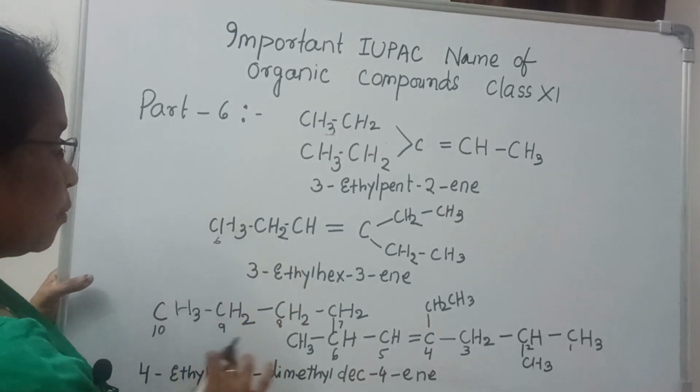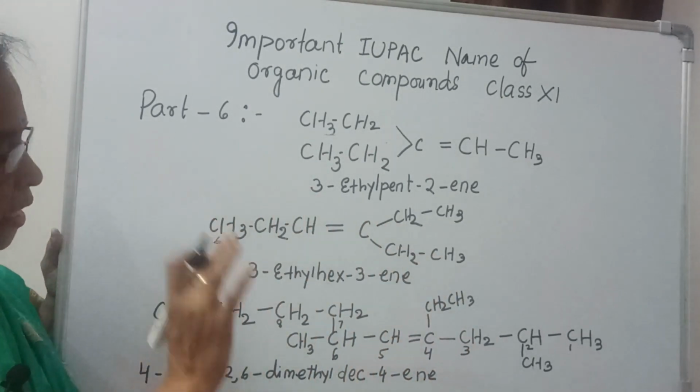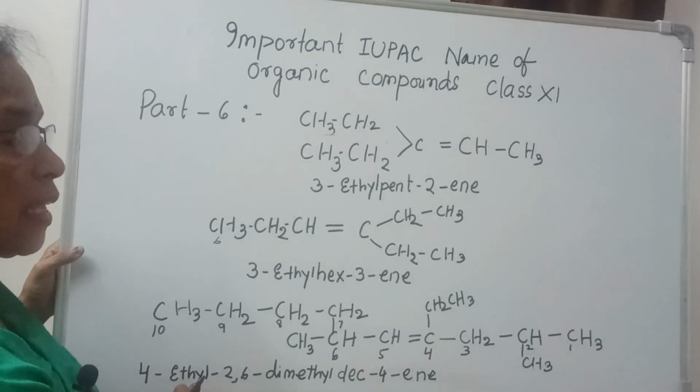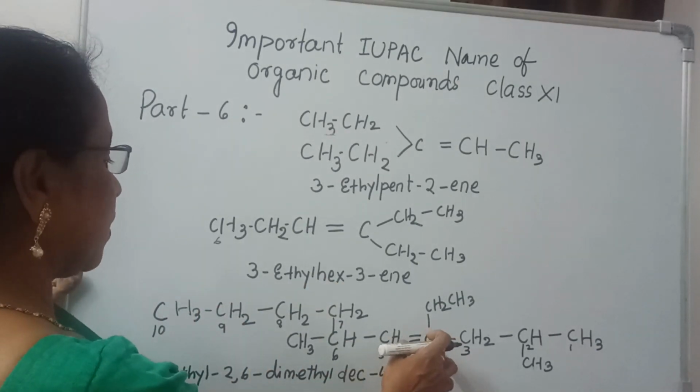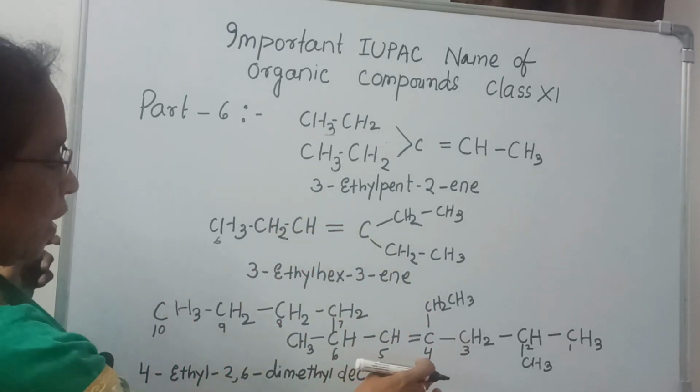Okay, then in the 4 position there is an ethyl group, so 4-ethyl. Then after 4 there is a double bond, 4-ene.